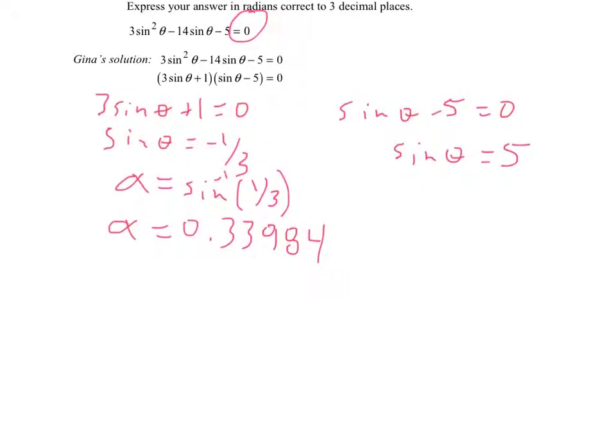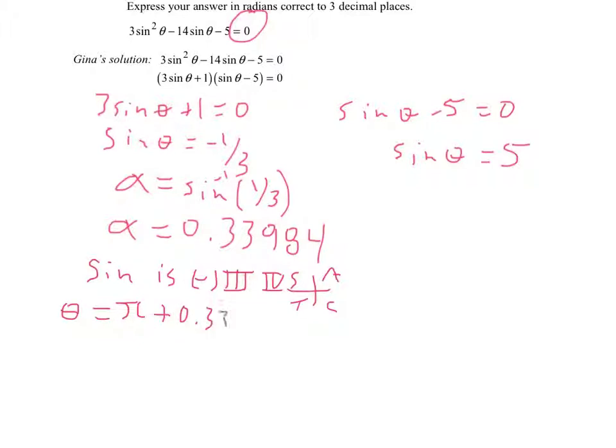The next part now is to determine the quadrants. So sine is negative. Where's sine negative? If we think about All Students Take Calculus, sine is positive in quadrant 1 and quadrant 2, so sine is negative in 3 and 4. To get our quadrant 3 solution for theta, we would go pi plus my reference angle, 0.3398.